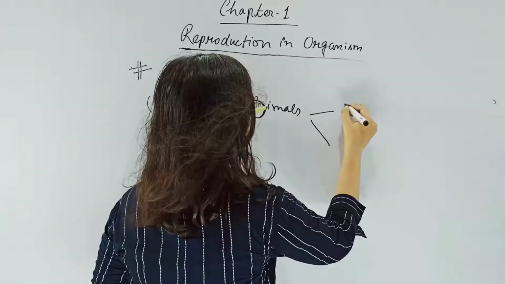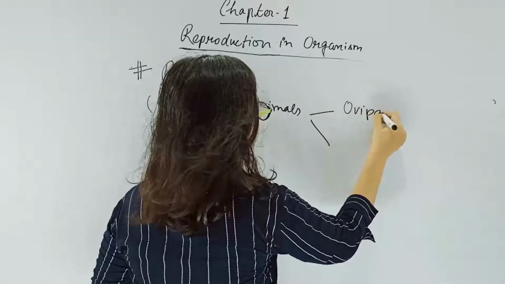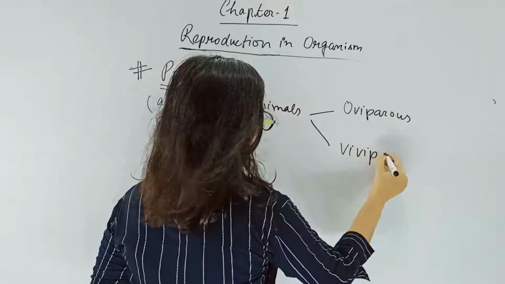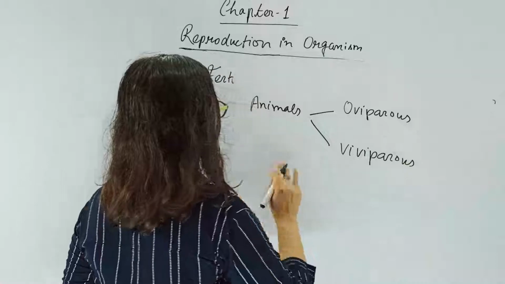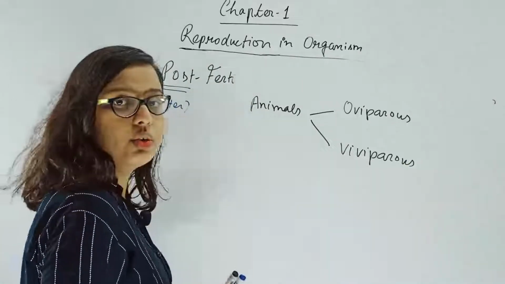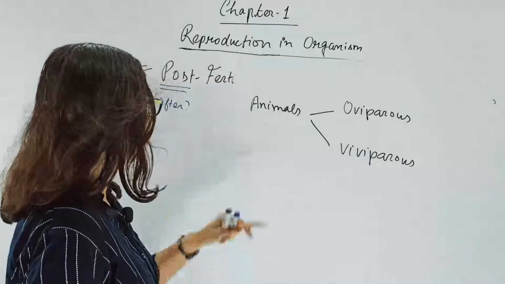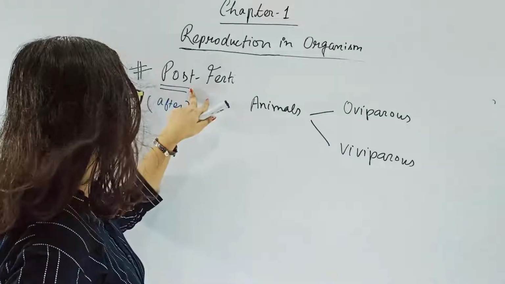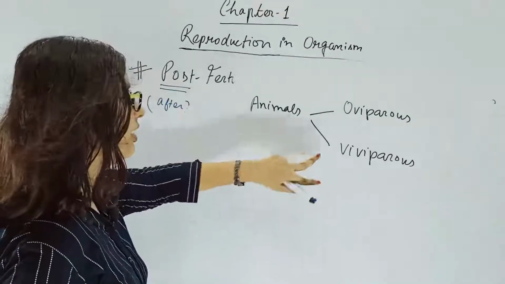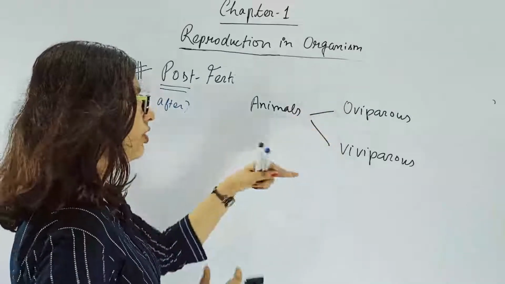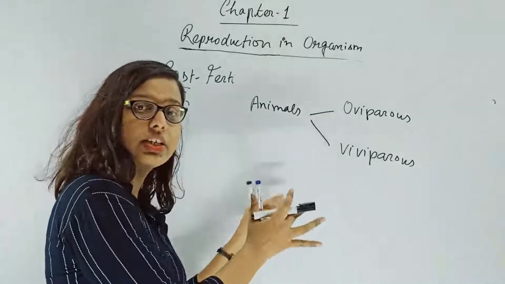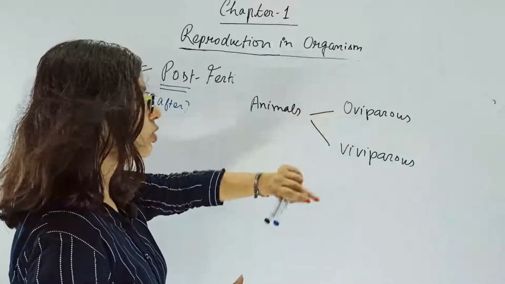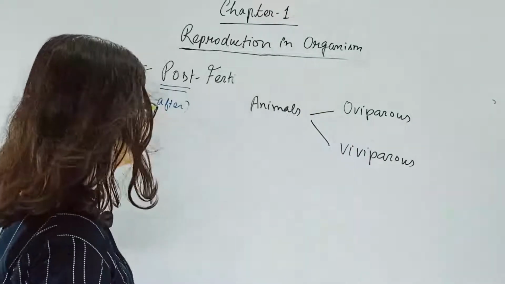Some animals can be oviparous and others can be viviparous. So if you have to write short notes on the events of fertilization for 5 marks, you will have to include the post-fertilization event, and you will have to discuss fruit formation in case of plants, and in case of animals you will have to discuss these two terms, oviparous and viviparous.